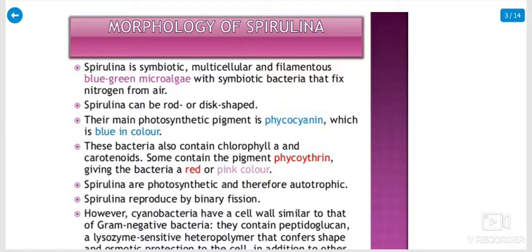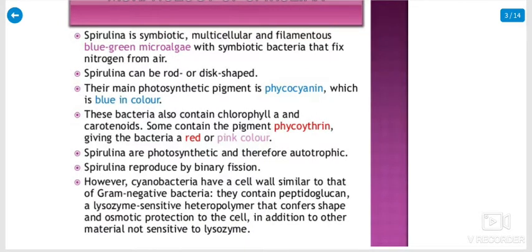It also contains the pigment phycoerythrin, giving the bacteria a red or pink color. Spirulina are photosynthetic and therefore autotrophic also. It reproduces by binary fission. However, cyanobacteria have a cell wall similar to that of gram-negative bacteria.